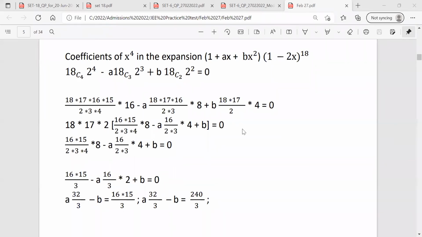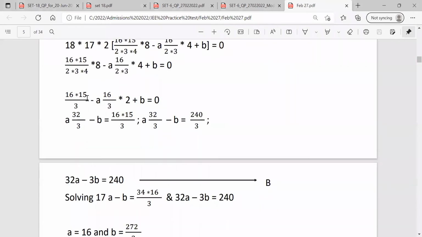So just expand these terms. Here we have 18 into 17 into 2 as common. So I take these terms outside and all the remaining terms I have rearranged and cancelled in such a way that I have an equation at the end. So after solving these whole terms, it will be like a into 32 by 3 minus b is equal to 16 into 15 by 3. So I can just rearrange this equation and write 32a minus 3b equal to 240.